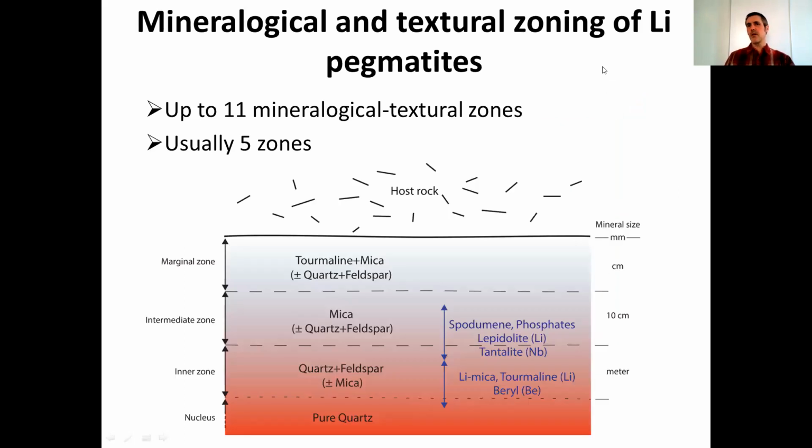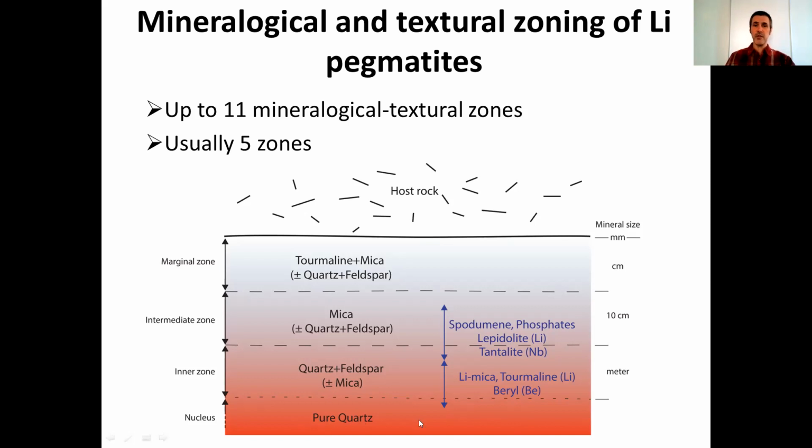Another specific characteristic of pegmatites, they are mineralogically and texturally zoned. We can find up to 11 mineralogical and textural zones, usually 5 zones. But I will give you a more simple example with 4 zones, starting from the center of the pegmatite toward the host rock.